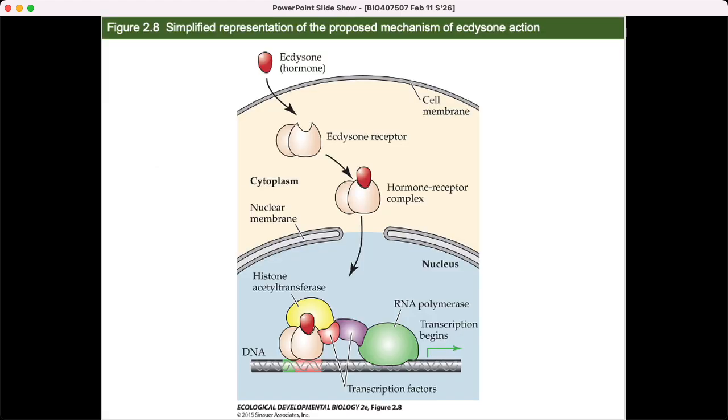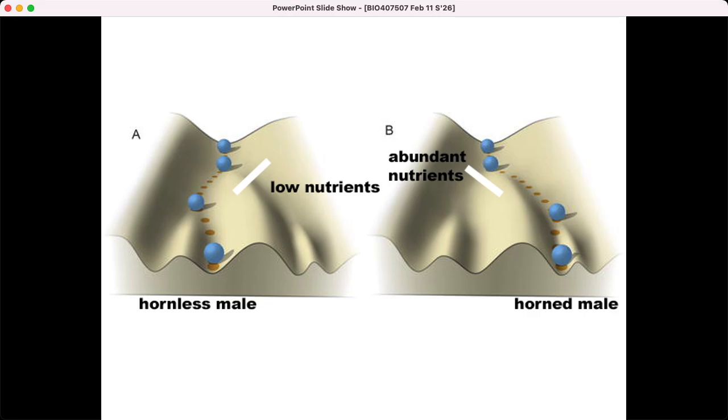I have a slide in here somewhere. Where did it go? So here's that slide where you ask, does this example fit the model of epigenetics? And it does. Here the idea is that the environment is the surface that the genotype is rolling down, and it can be either low nutrients or high nutrients.